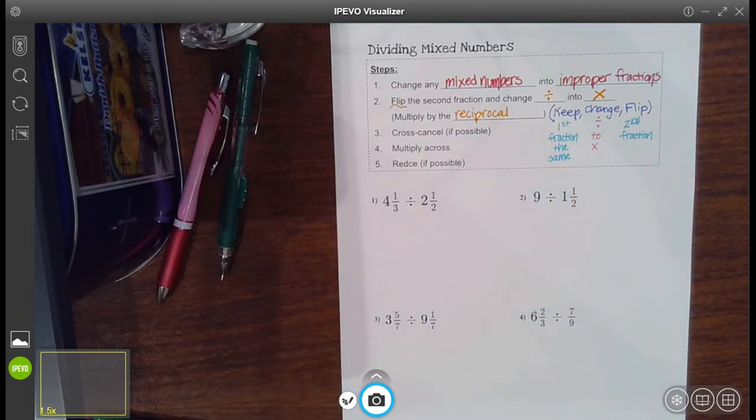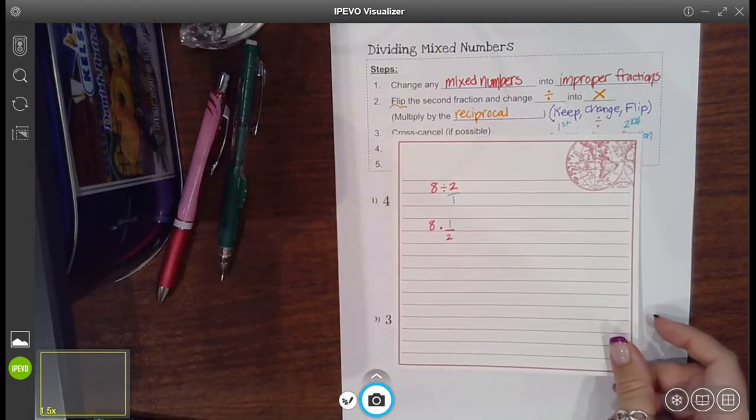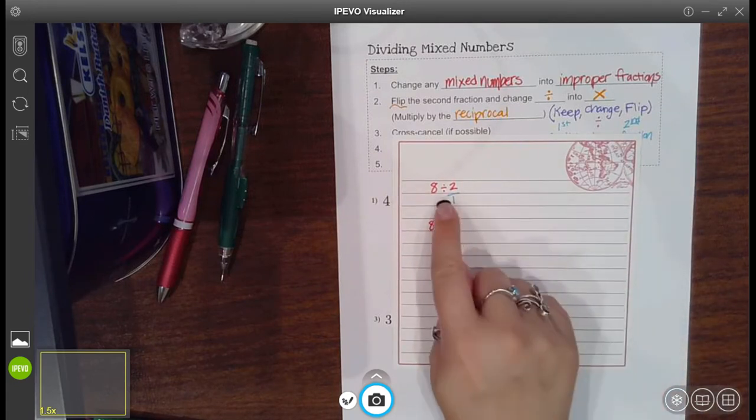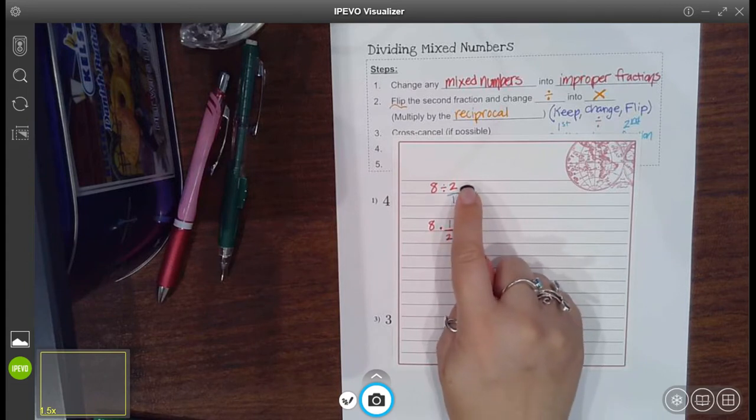Okay. Now, some of you guys are wondering, what does this mean? Like, why am I even multiplying by the reciprocal? You always do this, you just don't even know that you're doing it. If you were to start with 8 divided by 2, you understand that 2 is the same thing as 2 over 1, correct? Yes, 2 over 1 is the same thing as 2.